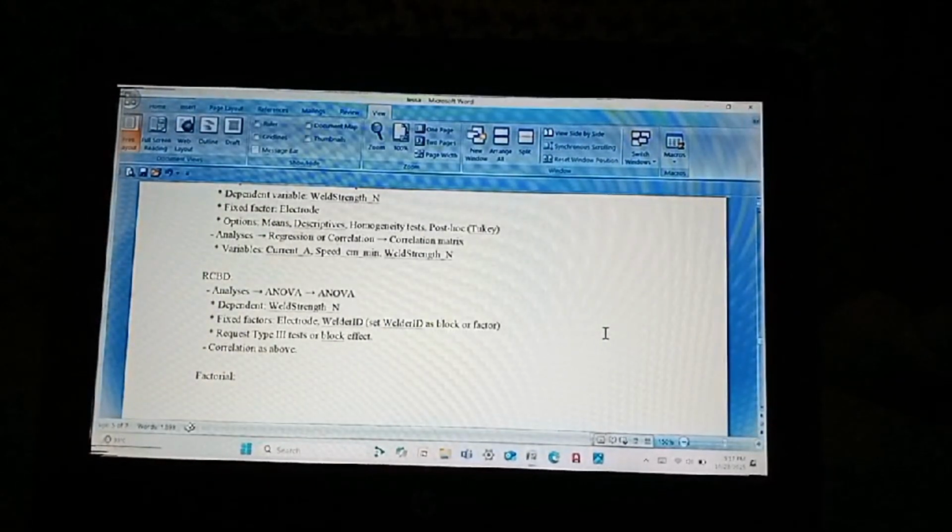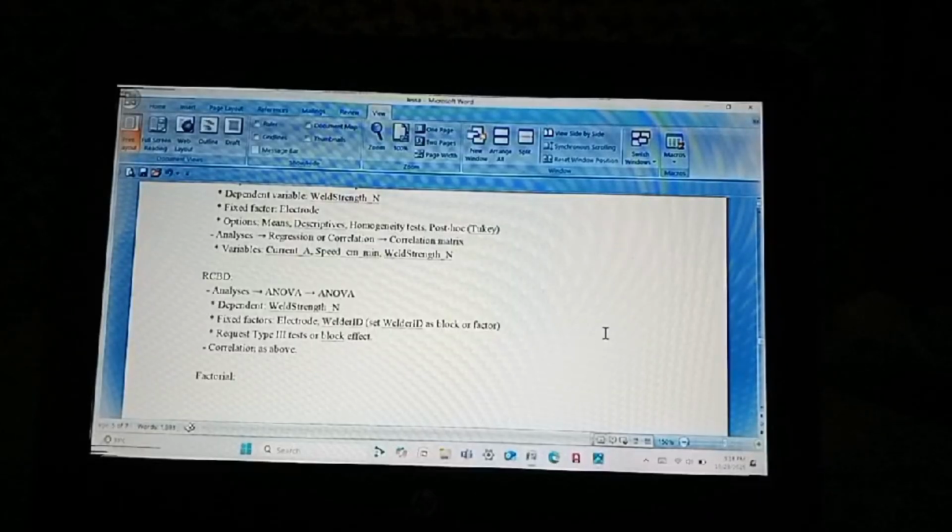Welder F(4,20) equals 9.42, p equals 0.002. Interpretation: both electrode type and welder skill significantly affect weld strength. The E7018 electrode again produces the strongest result.